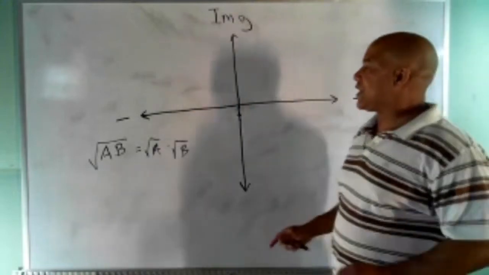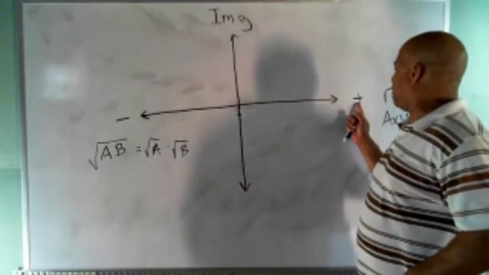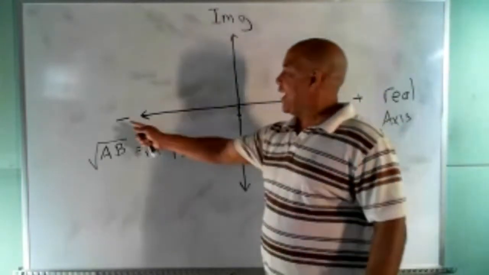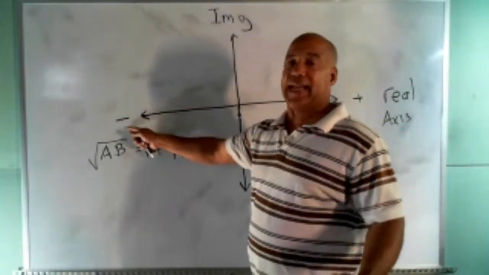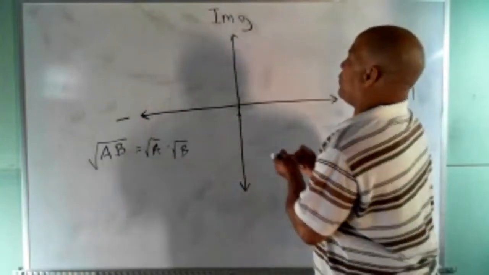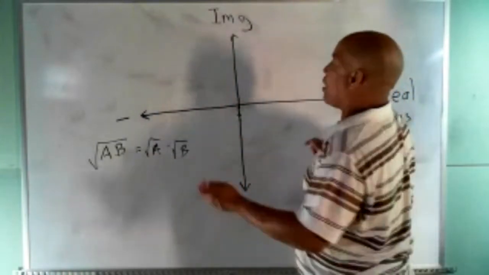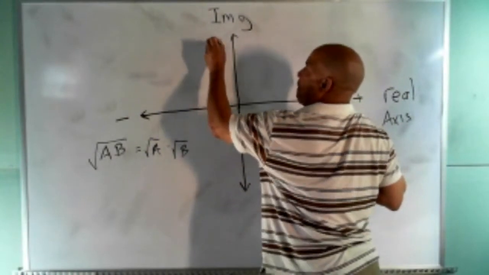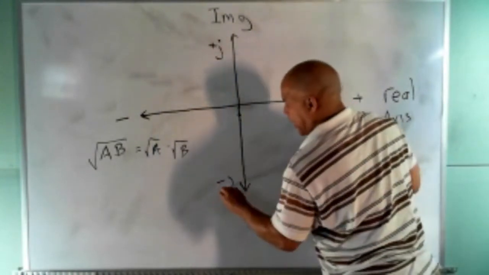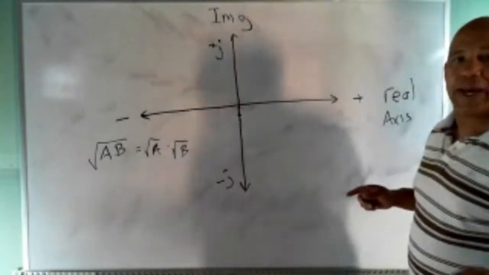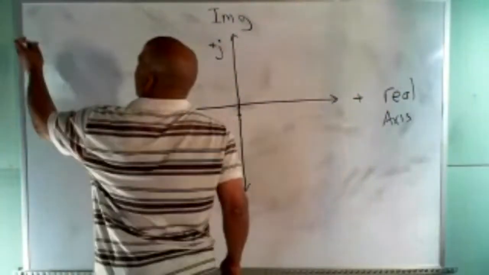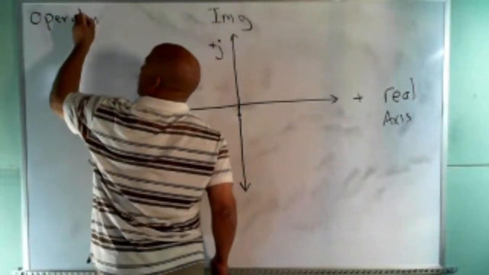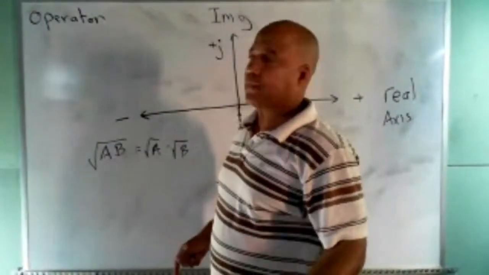Well, just like I have a positive operator, I call it, that represents 0 degrees, and a negative operator here that represents 180. On this imaginary axis, we use not the I, because I is for current. We're going to use the J operator. So this is a plus J, and this is a minus J. And now the way you want to think about this is the operator tells you the phase.